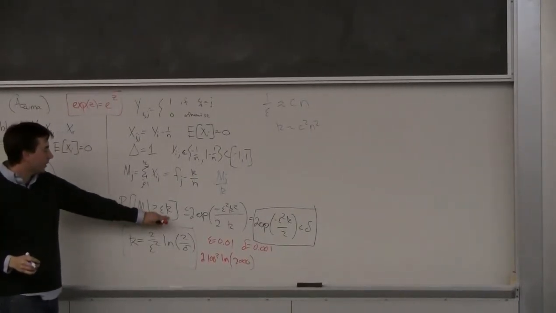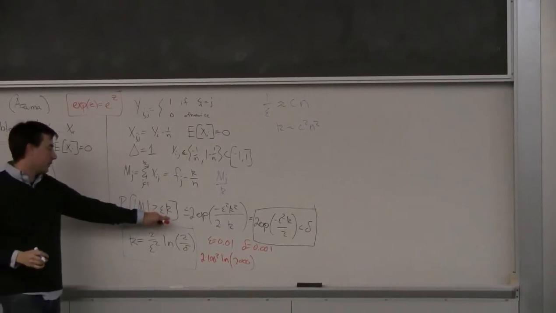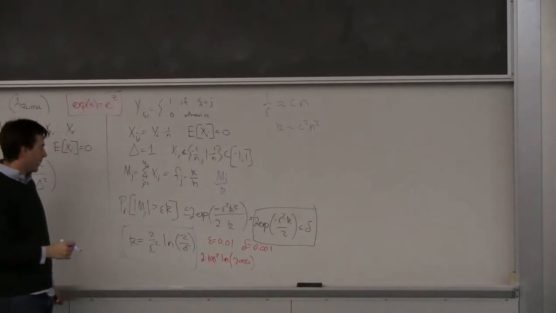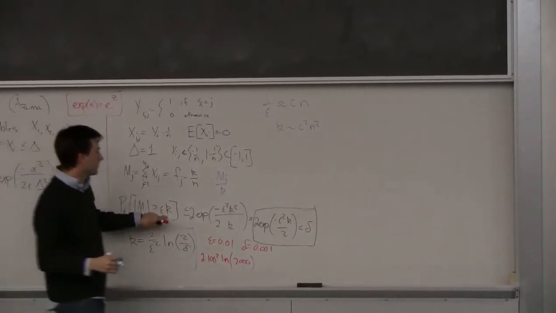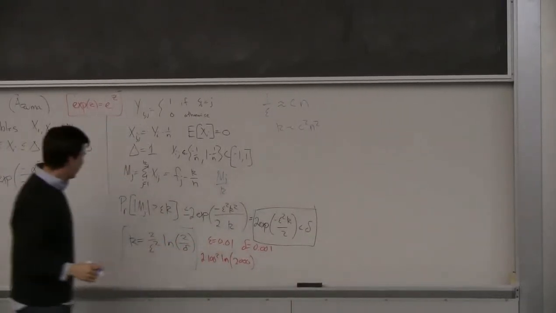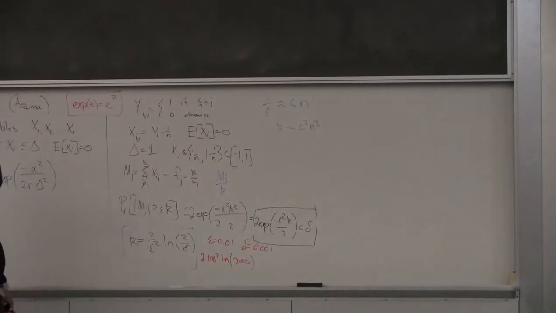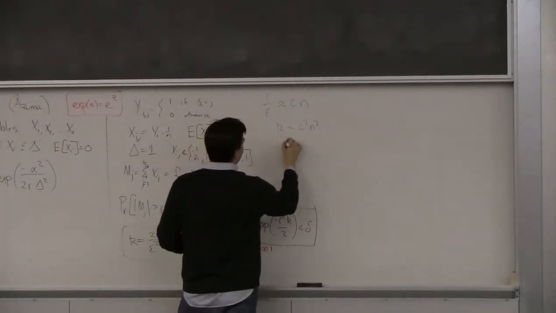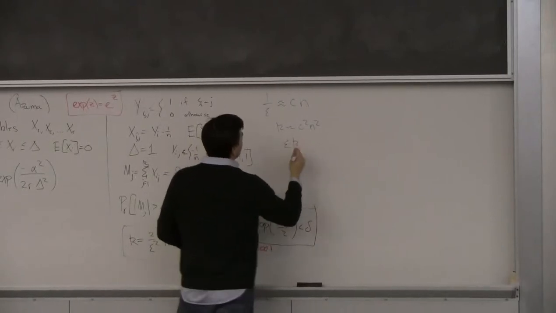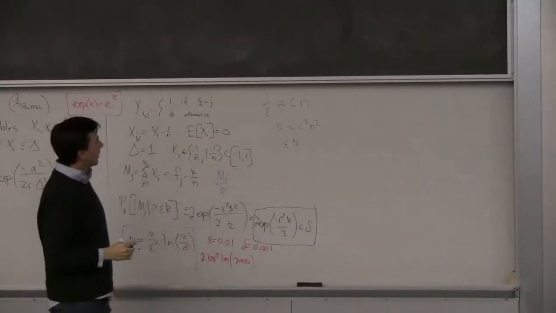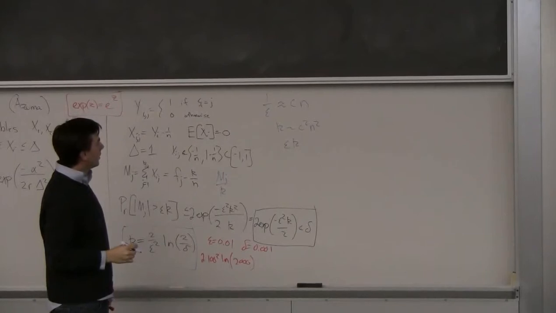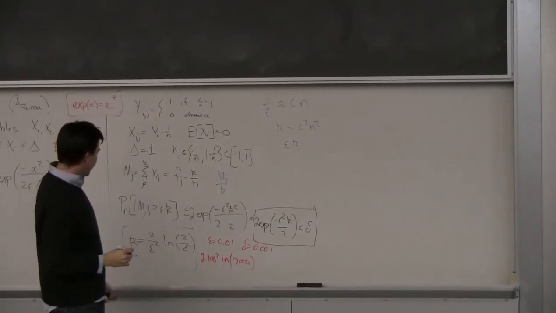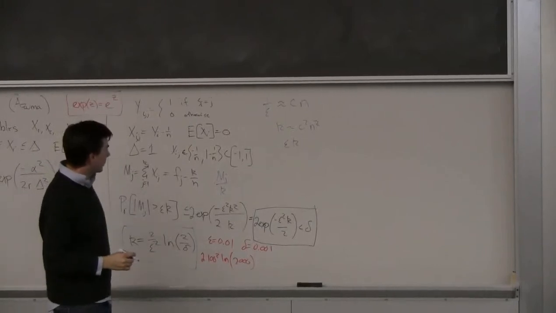So if I plug this in here, the probability that it's greater than epsilon k is going to be here.